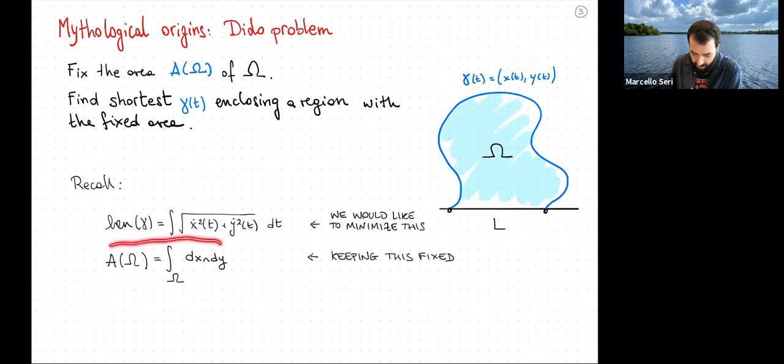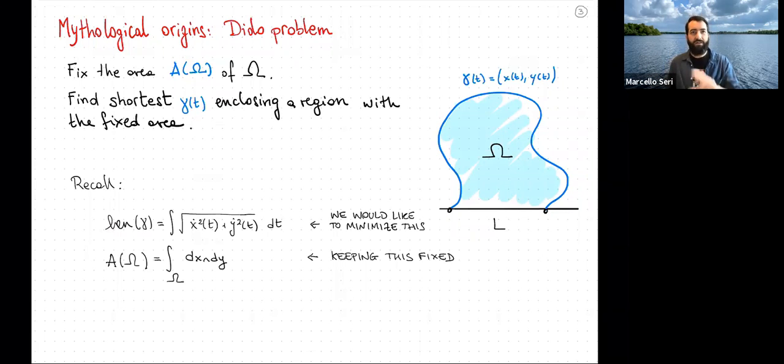We want to keep this thing here fixed, but we want to move gamma. What we want to do is fix the endpoints and then move gamma around so that omega is the biggest. An alternative way of doing that is that instead of maximizing the area by fixing the curve length, we can say, okay, I know how much land I want, but what is the shortest curve that can give me that area?